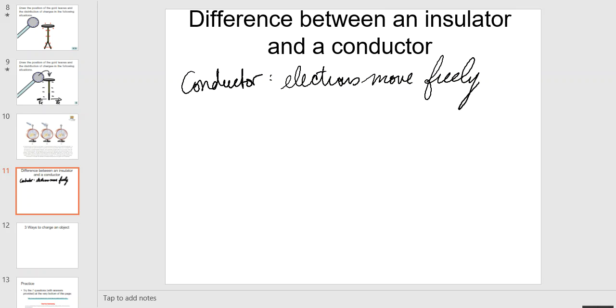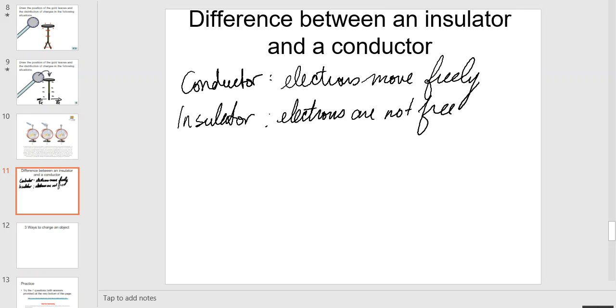So in an insulator, electrons are not free to move, and we're going to give examples of each. An example of this would be metal. An example of this would be rubber.